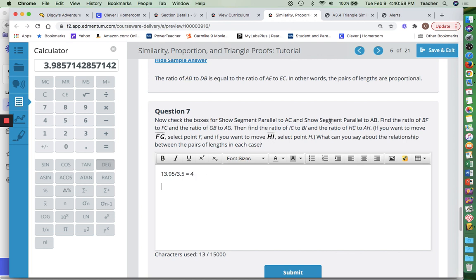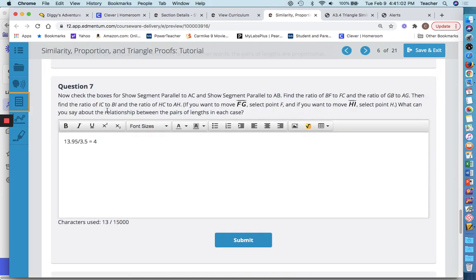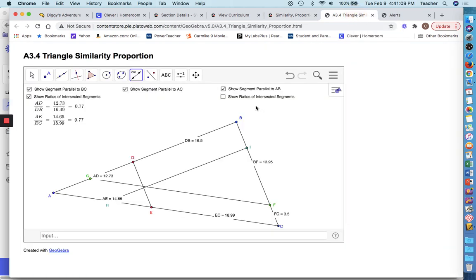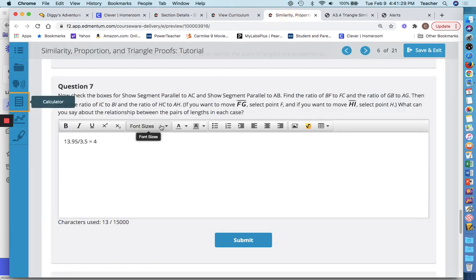All right, so now that was BF to FC. Now I've got to find GB to AG. All right, here it is. GB was 23.36, AG is 5.86.